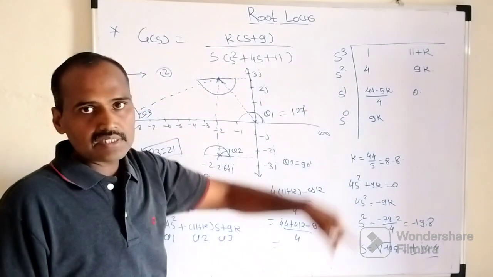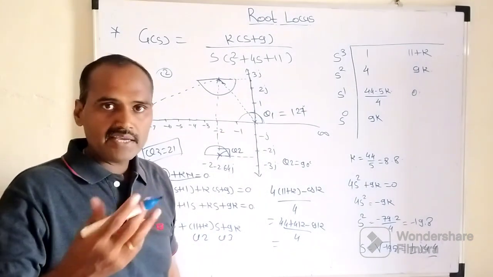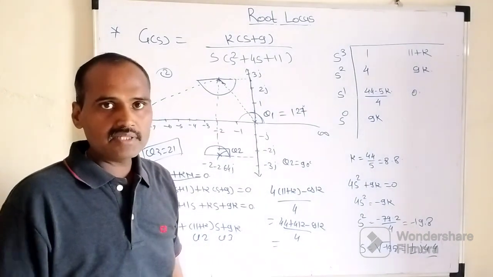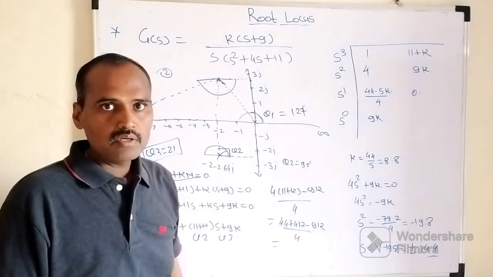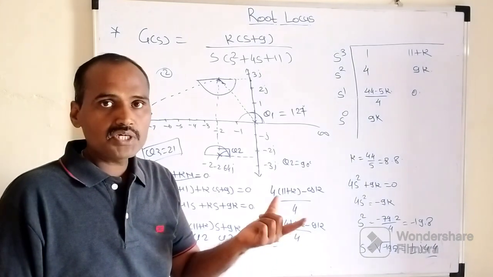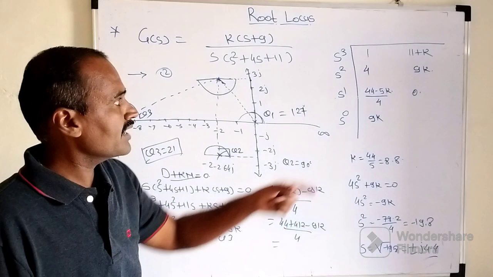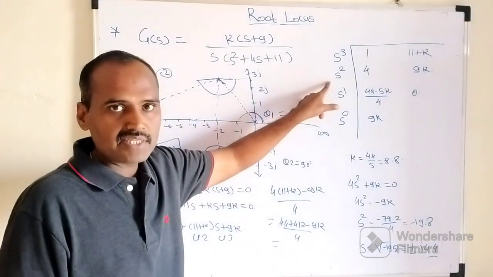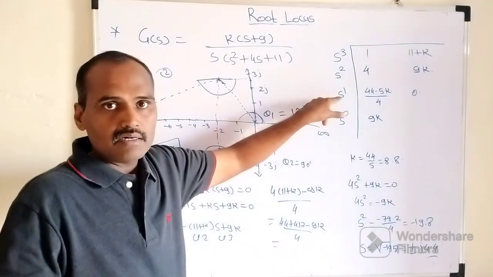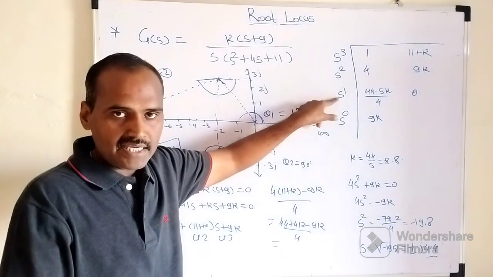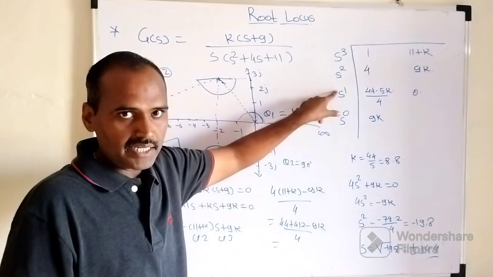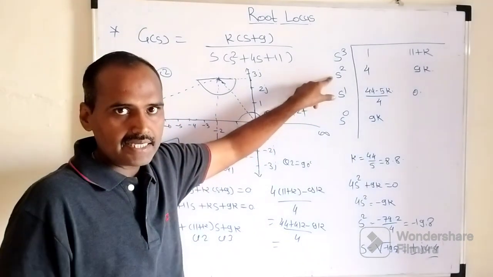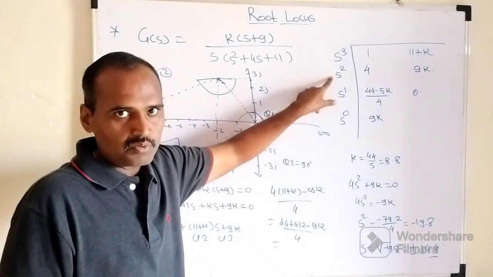So how to get the auxiliary equation? Which row is to be identified as the auxiliary equation row? The answer is that the marginal value of k is tabulated from row number 3, so its previous row can be considered as the auxiliary equation row, right?